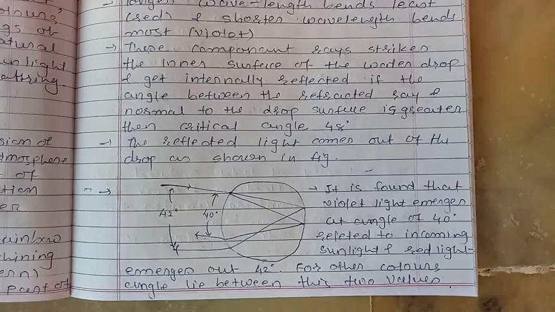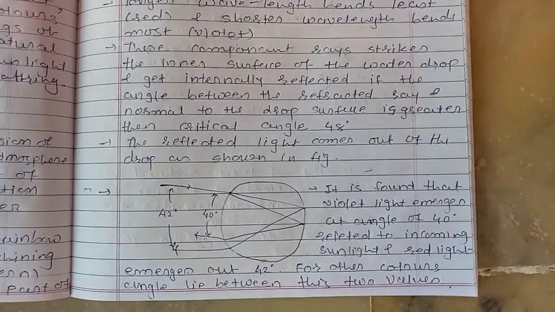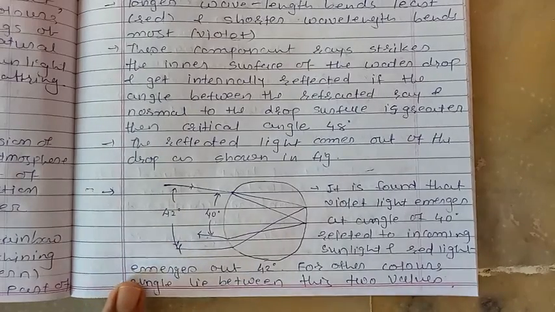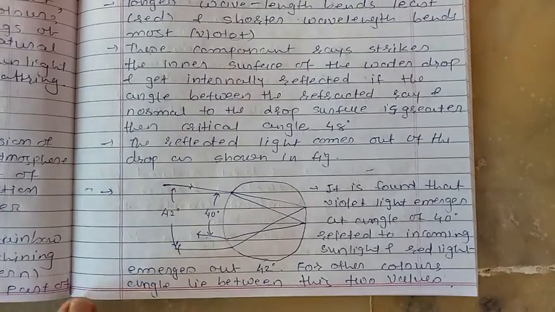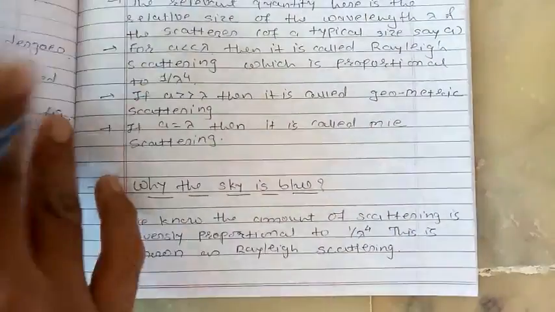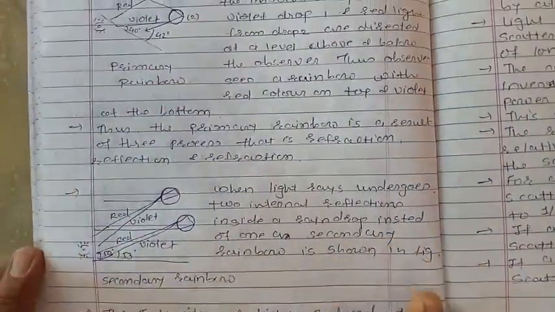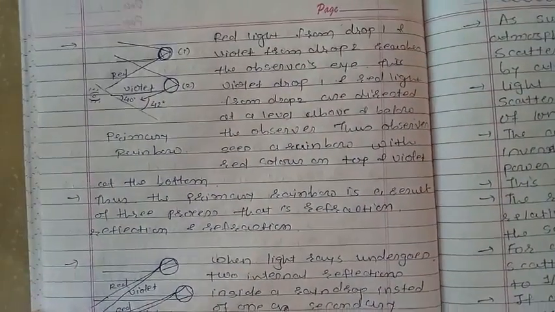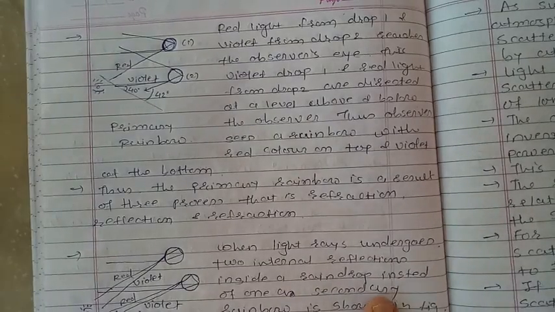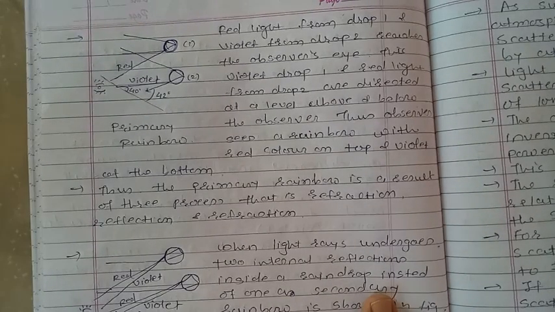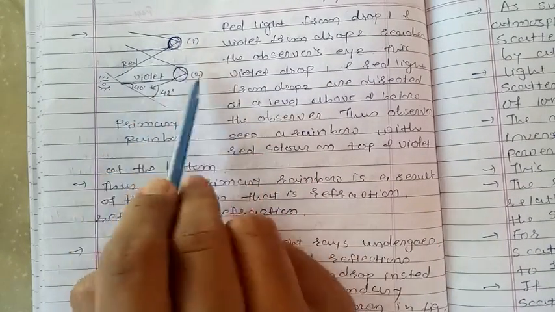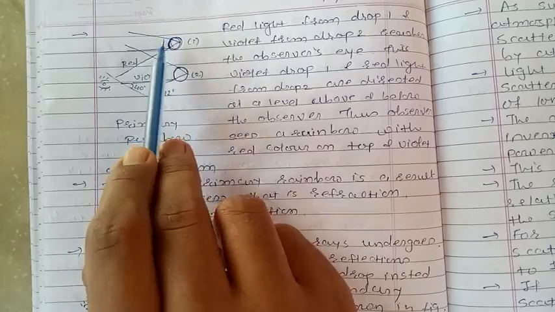Okay. Now we discuss the primary and secondary rainbow. In this case, see this figure. Now we already know the process of formation of rainbow, there are 7 colors.